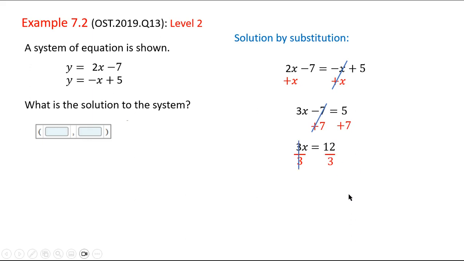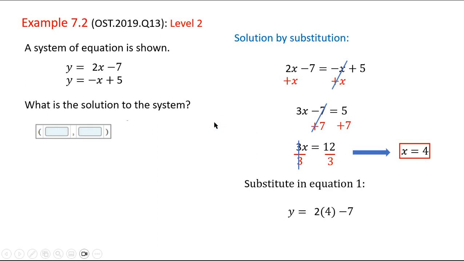Divide by 3. x is equal to 4. Once you get x, you can use any one of these equations to find y. So if I do x here, negative 4 plus 5, it gives me 1. Or in the first equation, 2 times 4 is 8, minus 7 is 1. It's 4, 1.